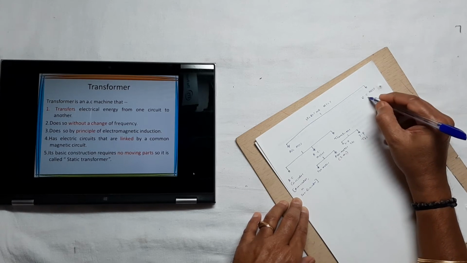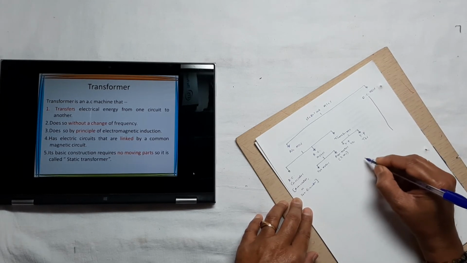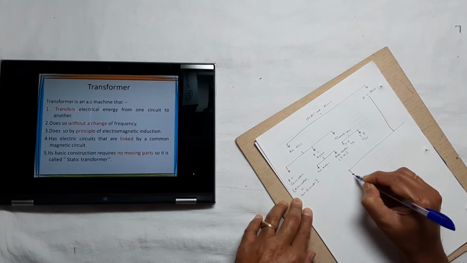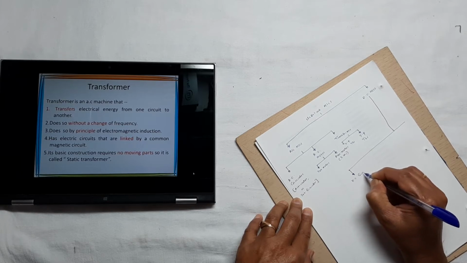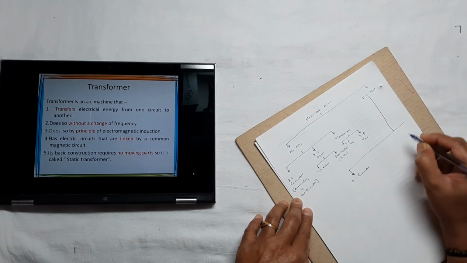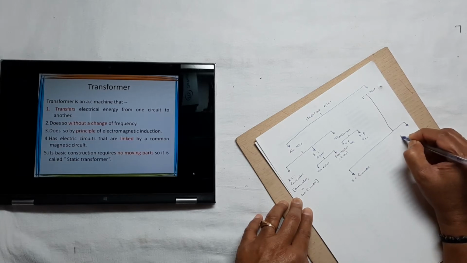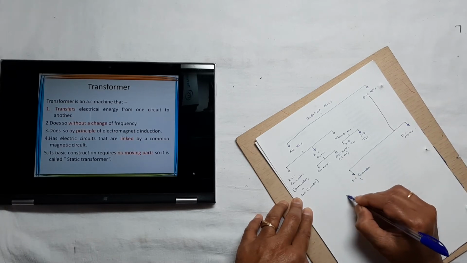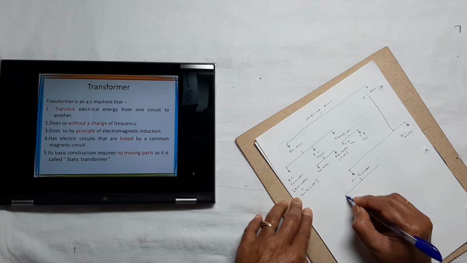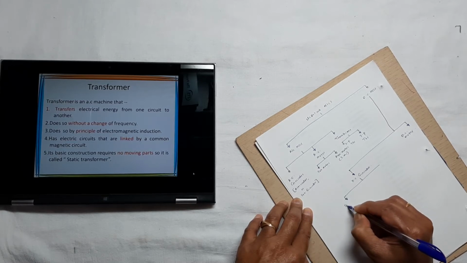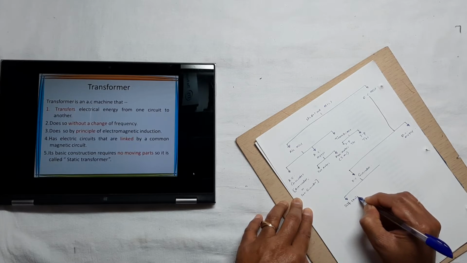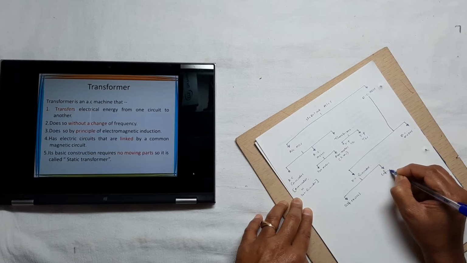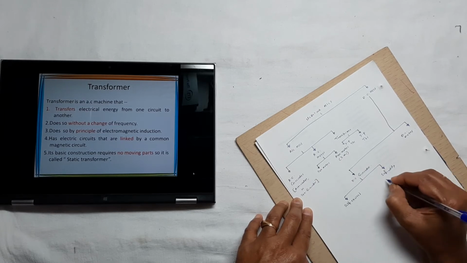Then the DC machines, we have got, once again, two types of machines. One is DC generator and we have got a DC motor. Under DC generator, broadly it is classified into self-excited and separately excited generator, based on its excitation.